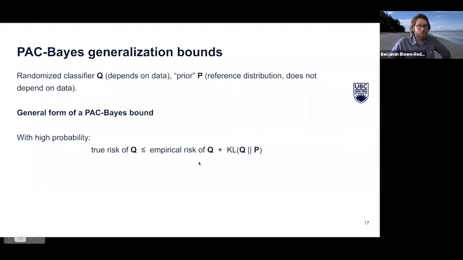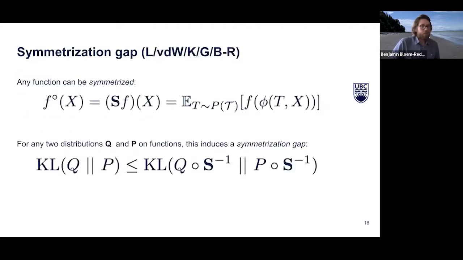This is the general form of a PAC-Bayes bound, and when we have feature averaging, it's really useful for understanding what's going on. Feature averaging is when we average, say, our neural network with respect to transformations. If we write this as an integral, then we can think of it as an operator on functions.